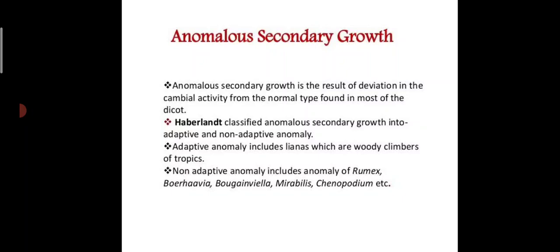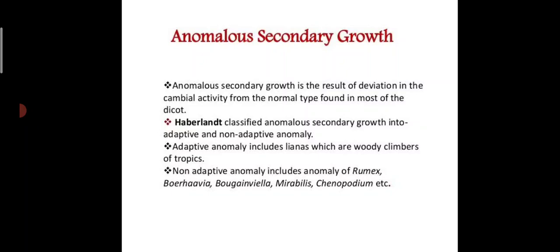These abnormalities or anomalies in secondary growth may be because of the unusual position of the cambium, or abnormal functioning of cambium, or in some cases more than one ring of cambium may be formed, and in some cases an extrastelar cambial ring may be formed in some different way, and also interxylary phloem or interxylary cork may be formed.